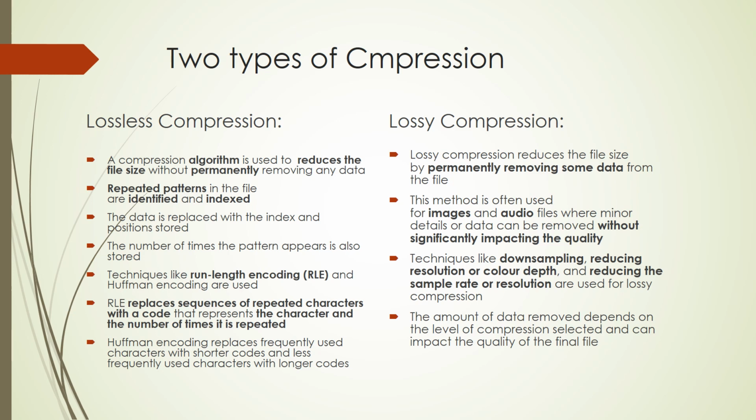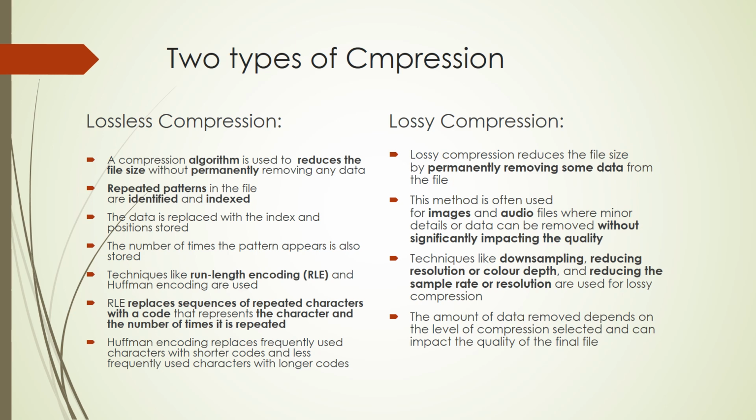In lossless compression, run length encoding and Huffman encoding are used, whereas lossy compression uses downsampling: reducing resolution, color depth, and sample rate. RLE replaces sequences of repeated characters with a code that represents the character and the number of times it is repeated.